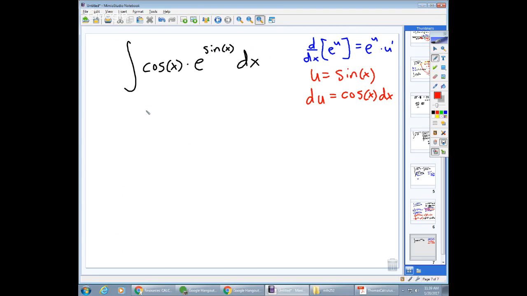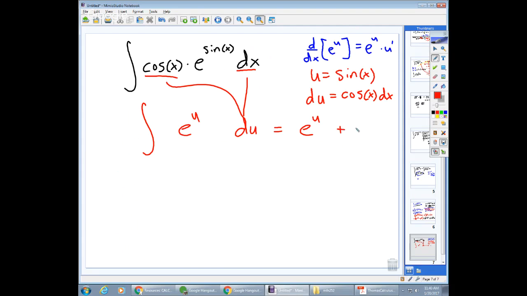And so I can rewrite this then as this cosine of x dx is my du, and then e to the sine of x is now e to the u. And since the derivative of e to the x is e to the x, the antiderivative here is just e to the u.